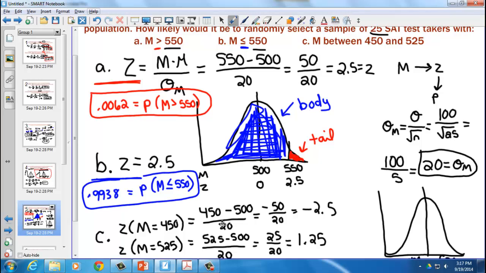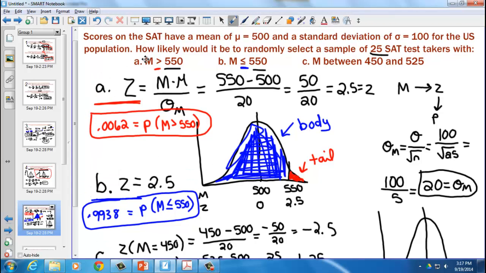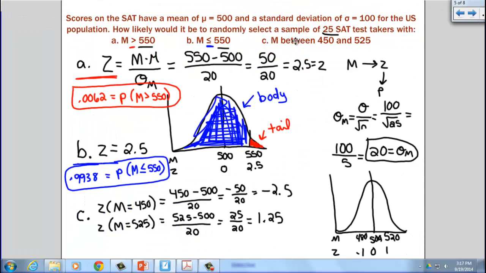Now, one thing that you can notice: if you already found the probability of randomly selecting a mean greater than 550, then to find the probability of selecting anything else, right, because if it's not greater than 550, it's less than or equal to 550, you could have literally taken 1 minus 0.0062 and you would have gotten this.